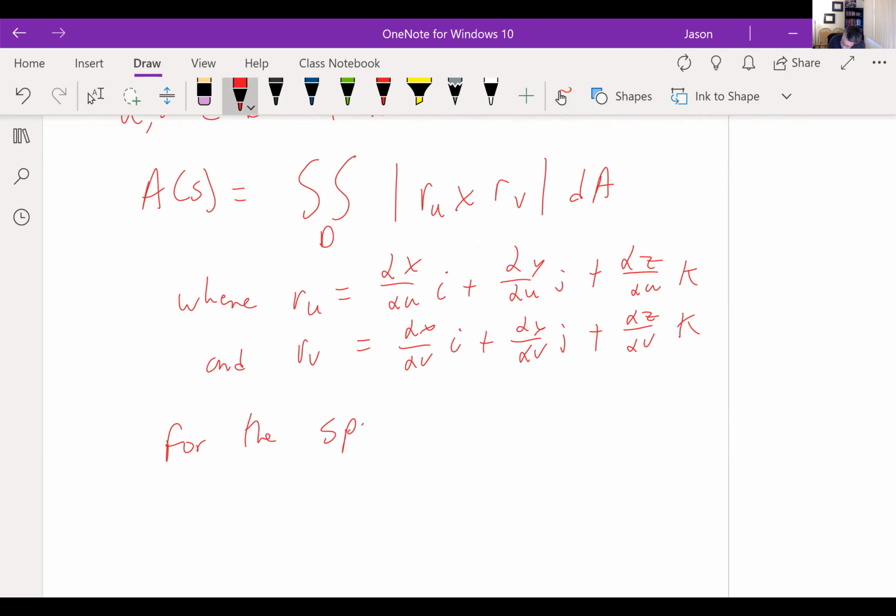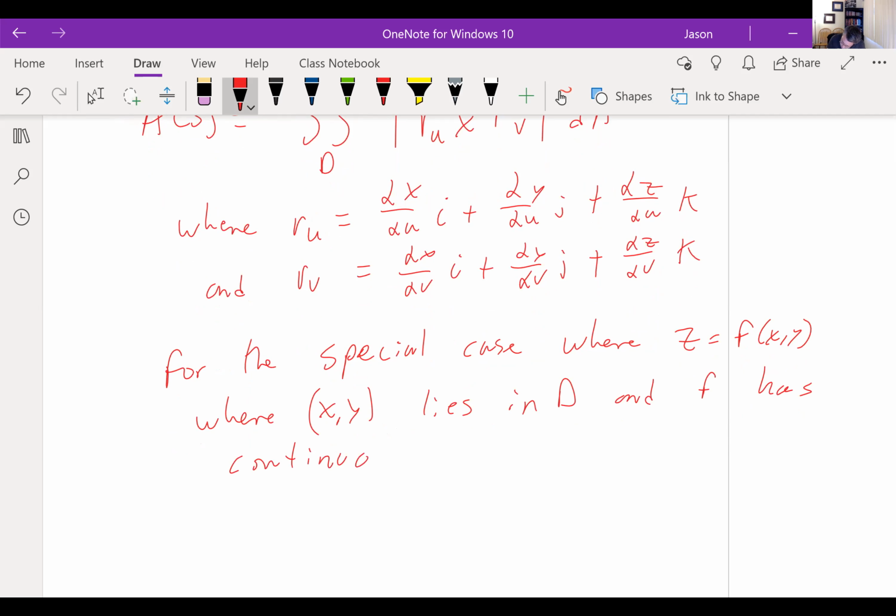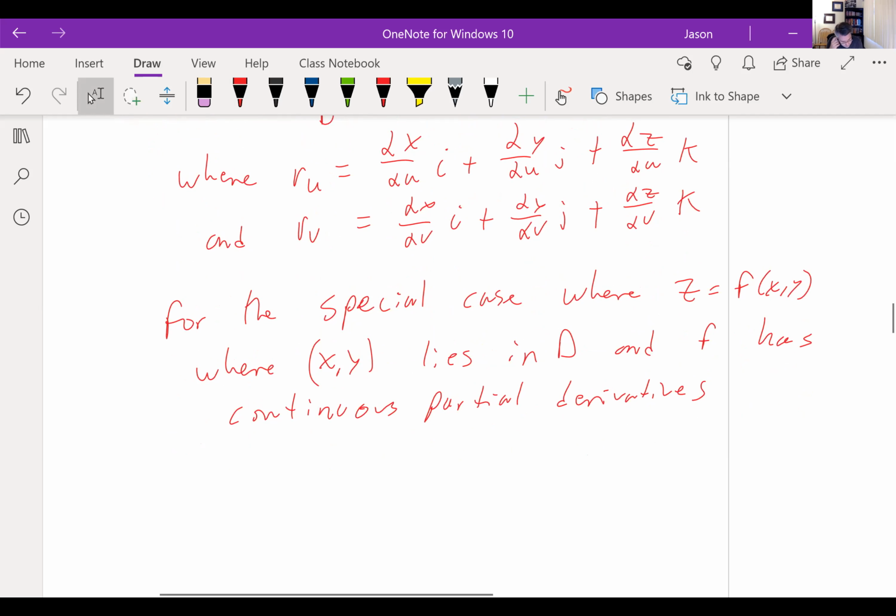For the special case where z equals f of x, y, where x, y lies in D, and f has continuous partial derivatives, then we would say x is equal to x, y is equal to y, and z is equal to f of x, y.